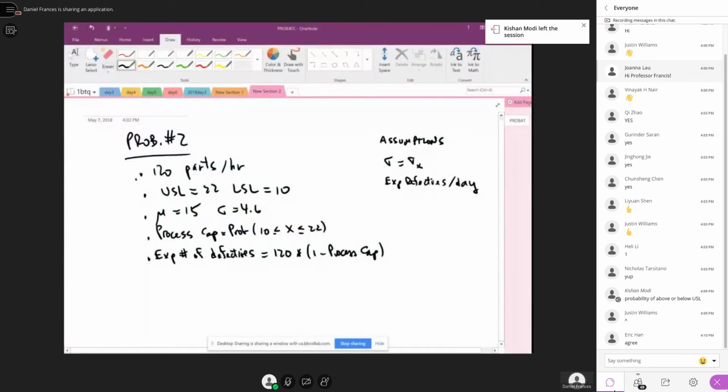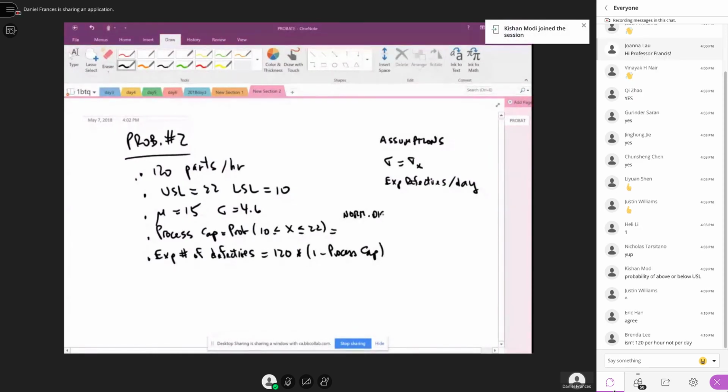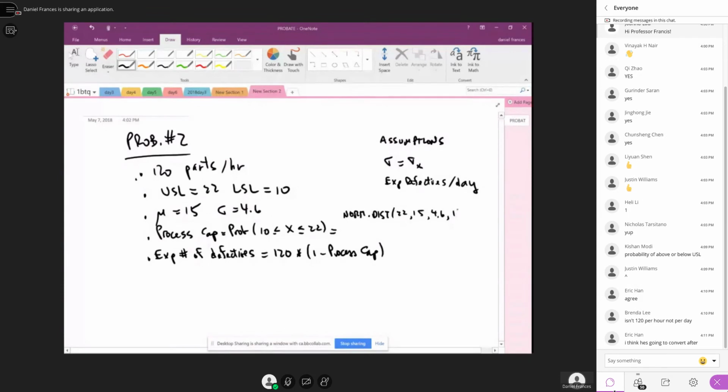So here, I can do this, and this will be norm distribution, 22, and then the mean is given as 15, and standard deviation is 4.6, and it'll be 1 at the end minus norm dist 10, and then ditto, ditto, ditto.